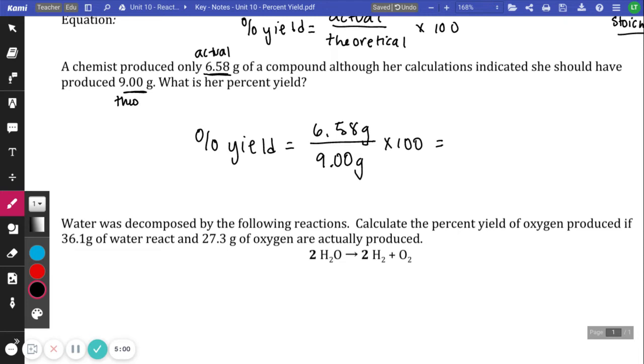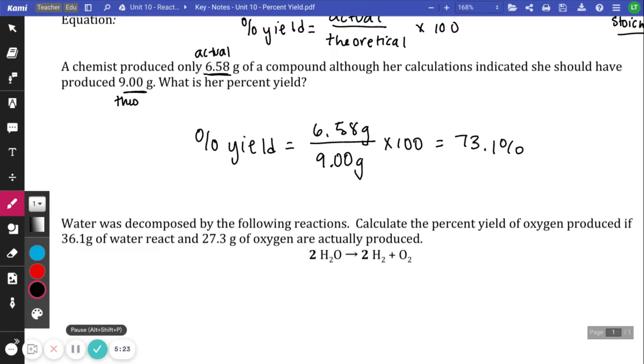Plug it into your calculator. Both of our numbers have 3 sig figs, so our answer should have 3 sig figs, and we get 73.1%. Since this is a percentage, we don't bother with sig figs very much, so just make sure you always round to 1 decimal place.